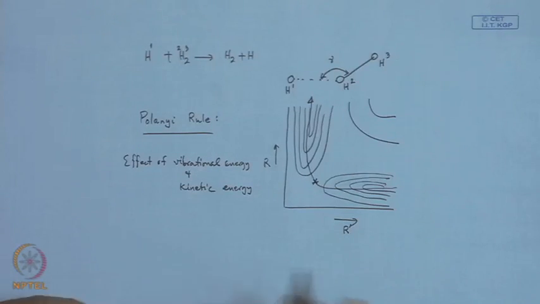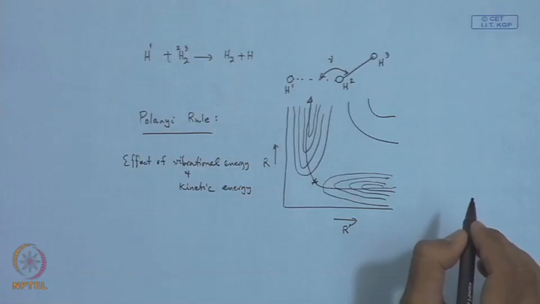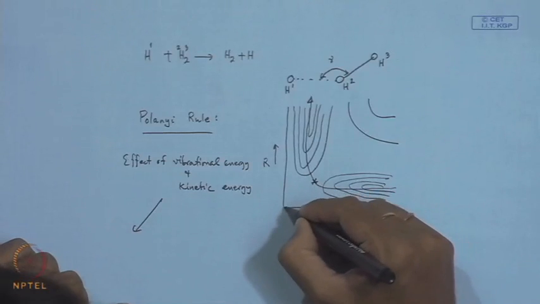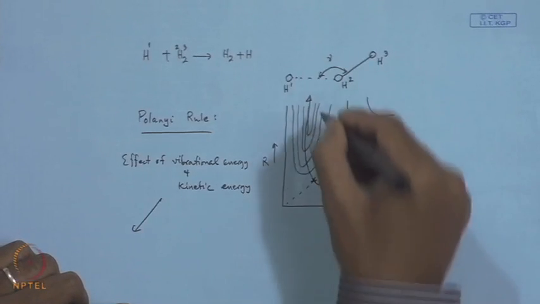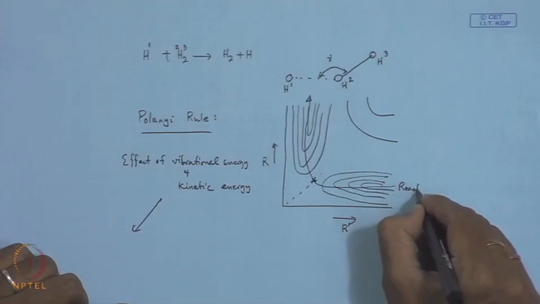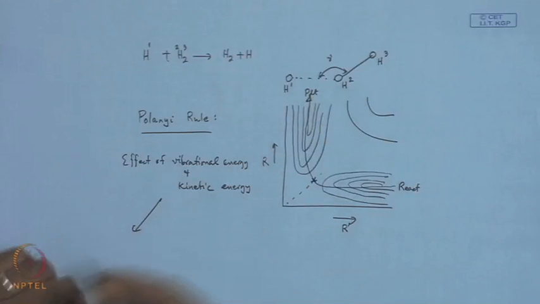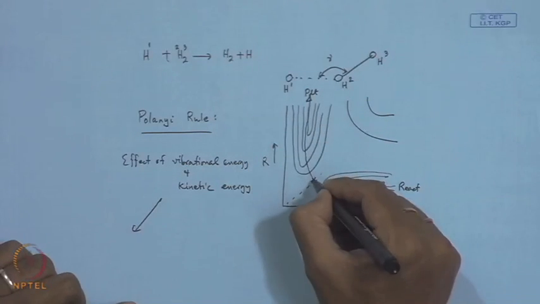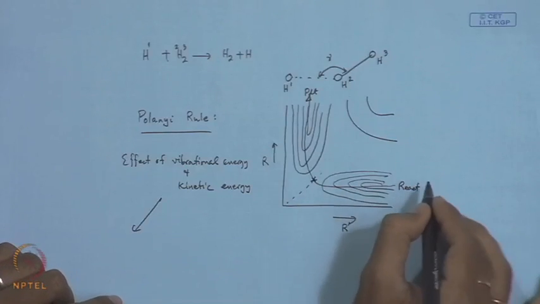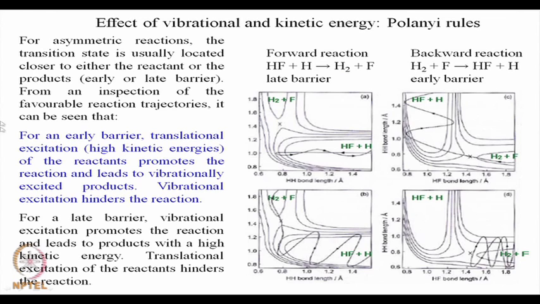Now, for an asymmetric reaction, the case is that the transition state is not symmetrically distributed between the reactant side and the product side. Either it will come close to this side or it will go to that side. So, for an asymmetric reaction, the transition state is usually located closer to either the reactant or the product side.